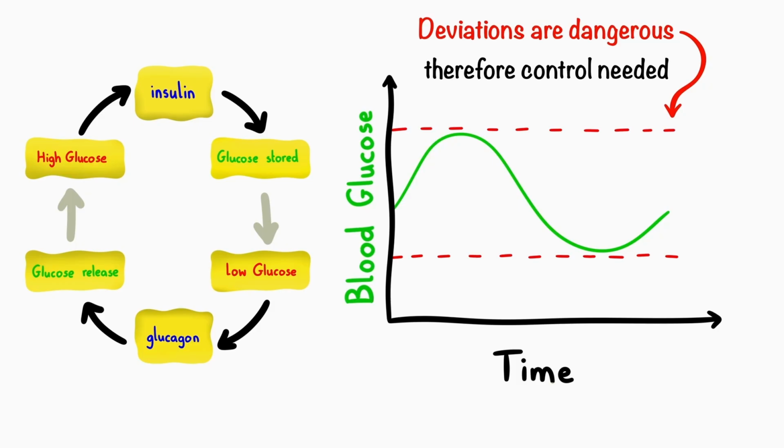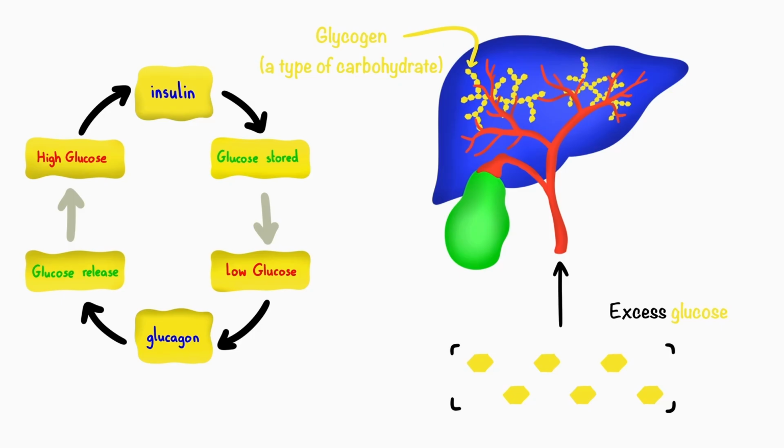change and responds by secreting insulin into the bloodstream. Insulin causes liver cells to convert glucose into glycogen for storage. This removes excess glucose from the blood, bringing levels back down to normal. Insulin also helps muscle and fat cells absorb more glucose from the bloodstream, further reducing blood glucose levels.